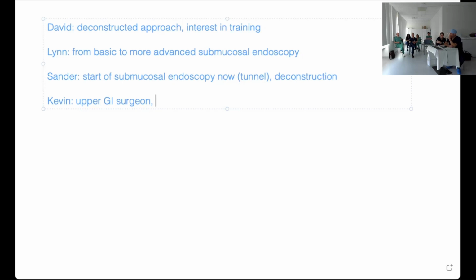I'm very interested in looking at developing a technique for benign pathology. My total experience of myotomy is watching David do one the last time I was here. Okay, so this course is definitely for you. To play that back a bit to you, you're someone who does ESD in the upper GI tract, who's not really into the submucosal tunneling approach, and who maybe wants to get into it. Yeah, I think that's it.